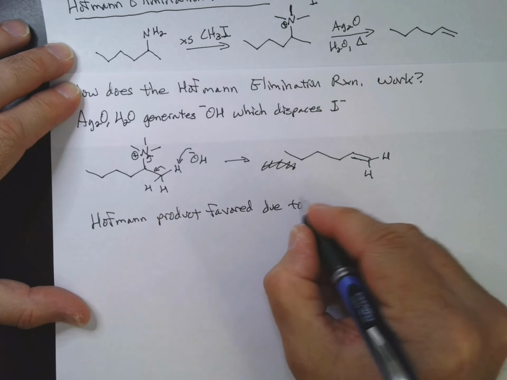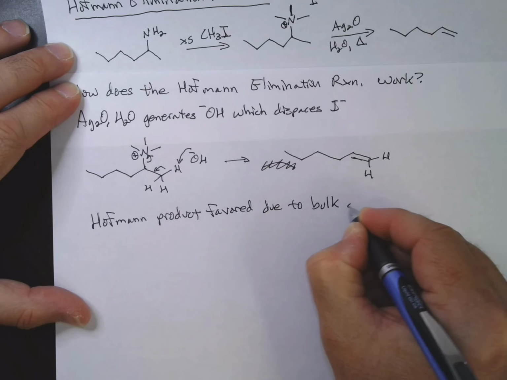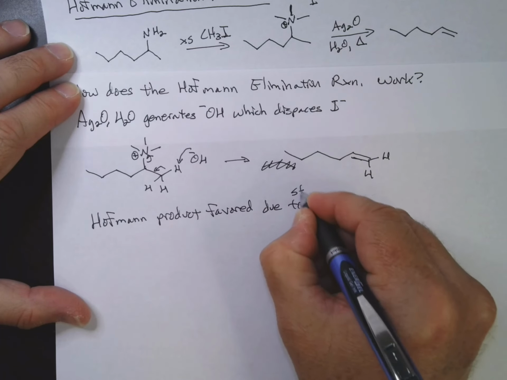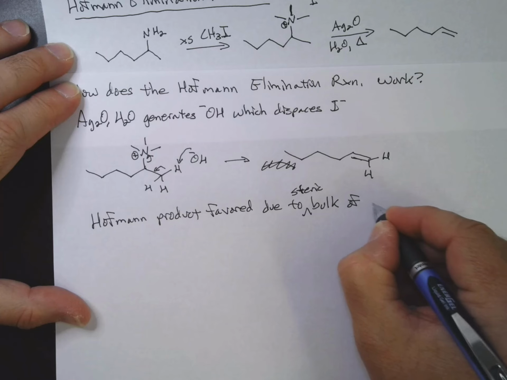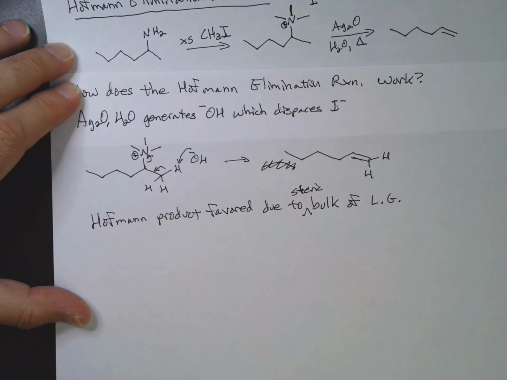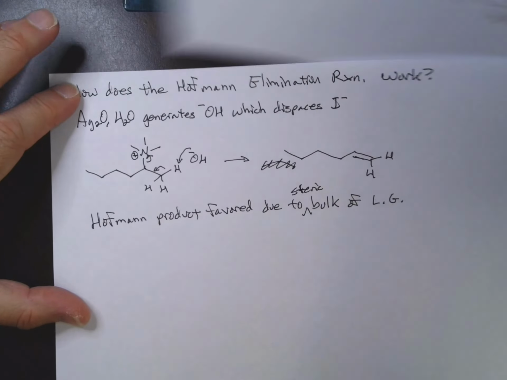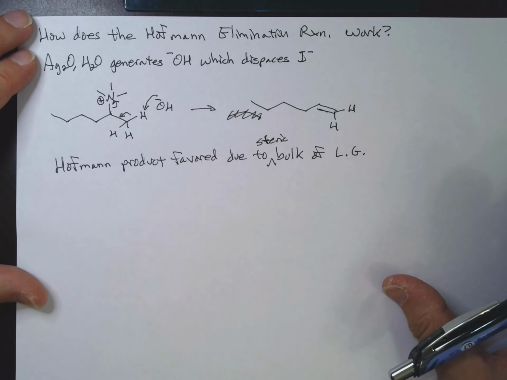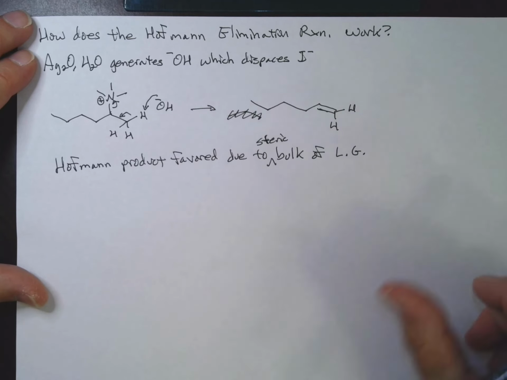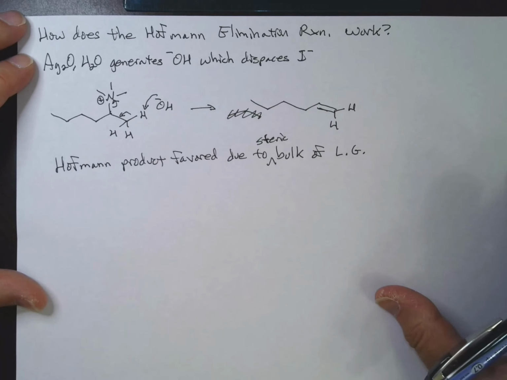due to steric bulk of the leaving group. So in 12A, we saw how a Hofmann product forms when we have a bulky base. So if we use T-butoxide, that can help generate the Hofmann product instead of the Zaitsev product.